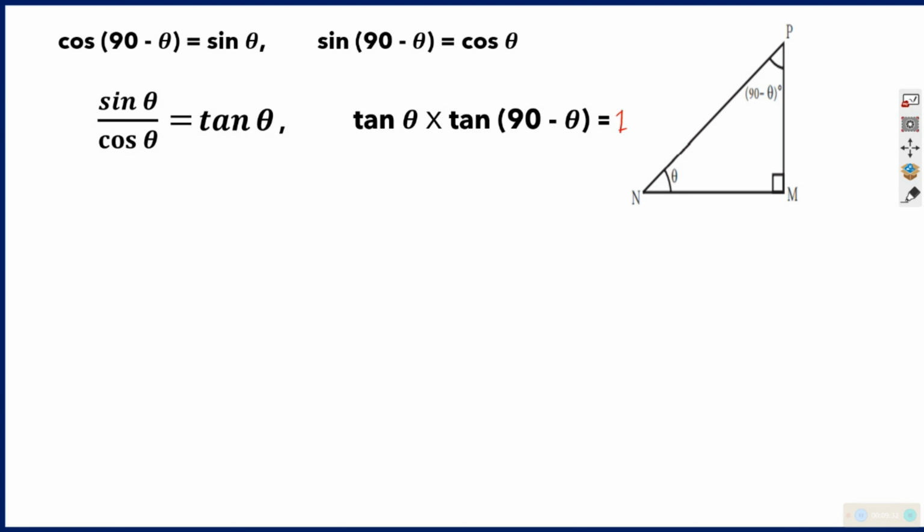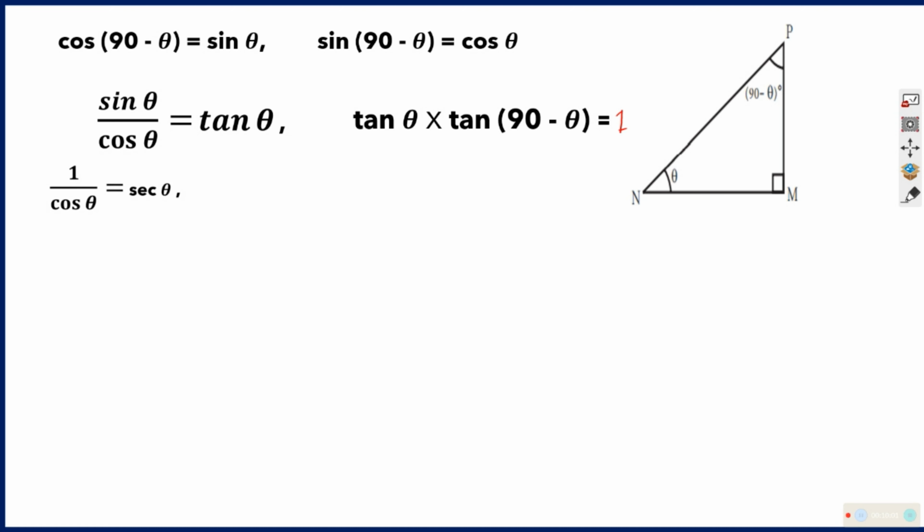Last year it was asked what is the sine of an angle. Sine of an angle is opposite upon hypotenuse, and we put the name later. In a right angled triangle, the ratio of opposite side upon hypotenuse, what name should we give? Then we will say the name is sine ratio of those particular sides with respect to the angle. So we are going to give new names now.